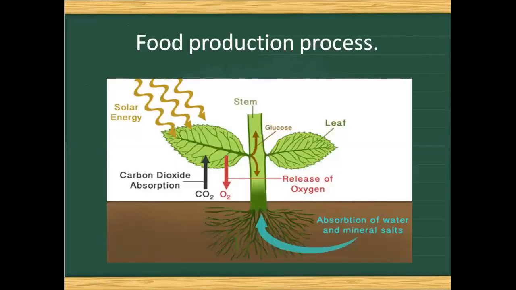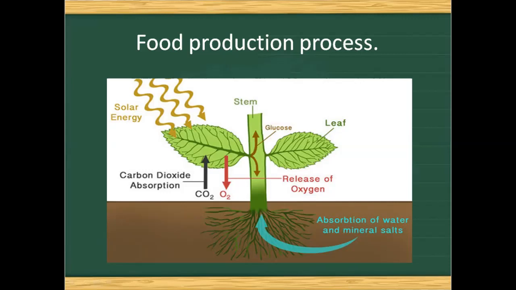Okay. And here you can see how the process works. We have the solar energy going down that is absorbed by the chlorophyll in the leaves. The leaves also absorb carbon dioxide and release oxygen.